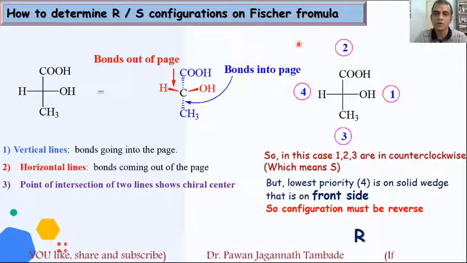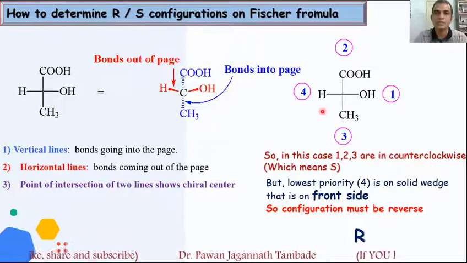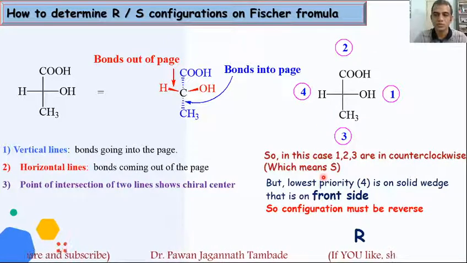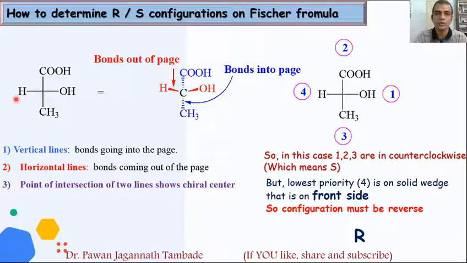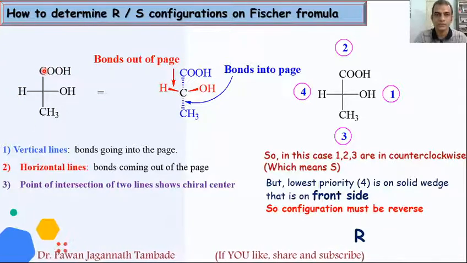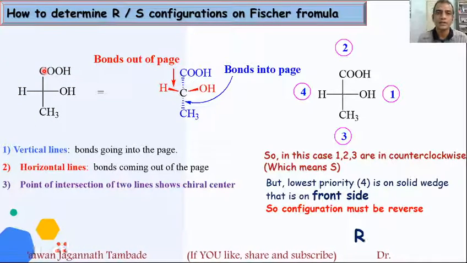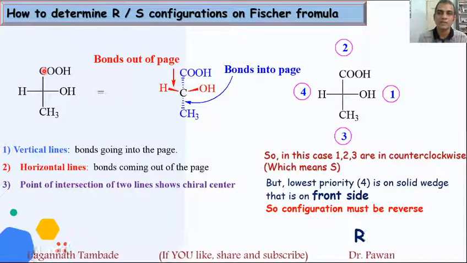Whatever configuration we got in this structure, just reverse that configuration. So this S configuration becomes R, and thus the configuration of this molecule is R configuration. So this is how we can determine R and S configuration in Fischer projection formula.